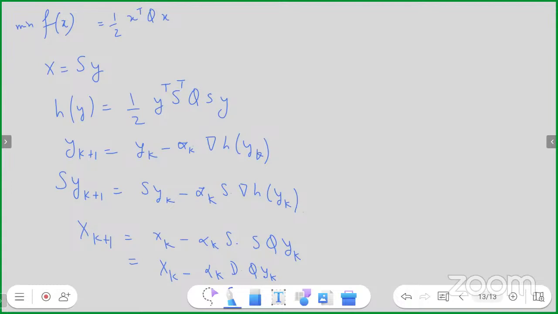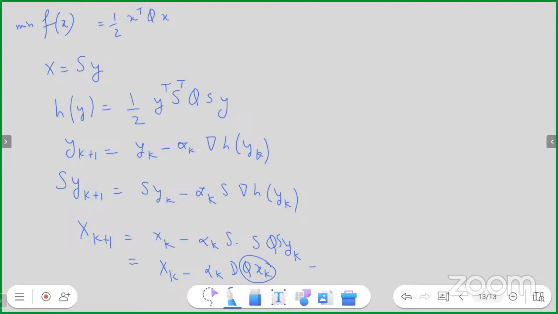There was one S missing here, sorry. It should be another S so that I can make this. Q y is Q x, sorry. So it will be Q x_k, and this is nothing but the gradient of f.